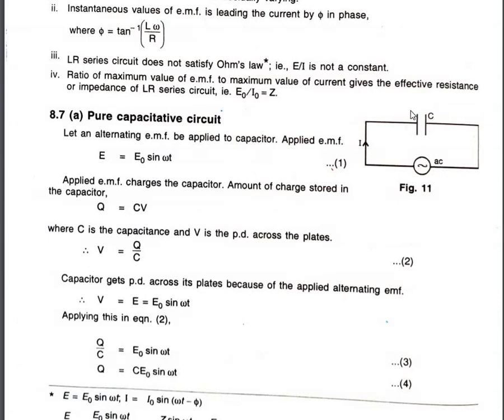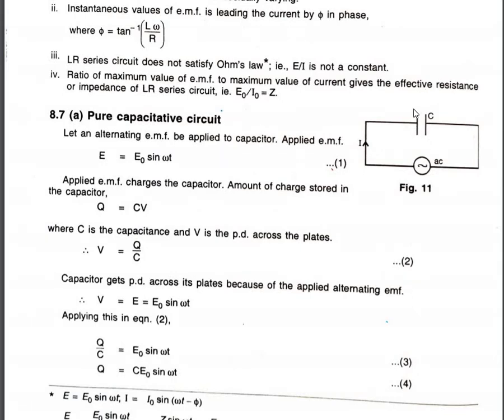As a result, a positive charge is accumulated in the first plate. After the positive half cycle, there comes the negative half cycle. At that time, the thing will reverse. That is, electrons will accumulate in the first plate, and similarly positive charges accumulate in the other capacitor plate. This will go on. This is the working principle of a capacitor.